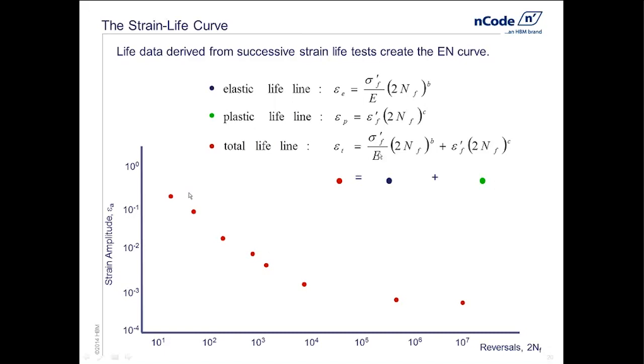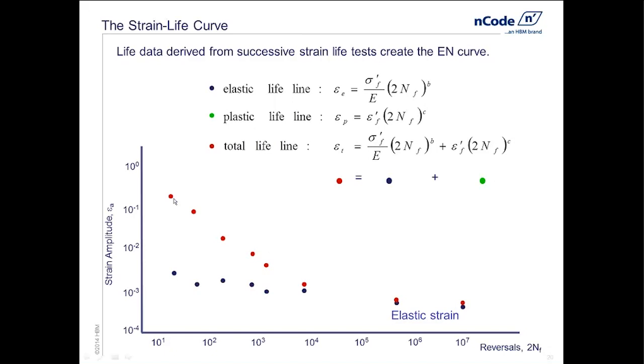We don't actually fit this curve through these data points. What we do actually is take the total strains and we use either the load stress information, or we measure directly off the hysteresis loop, but we basically dissect the total strain first into elastic strains.